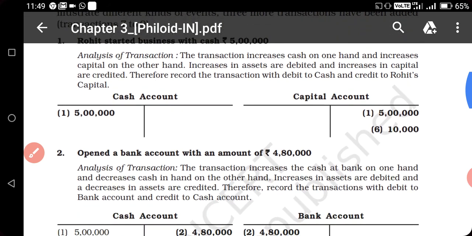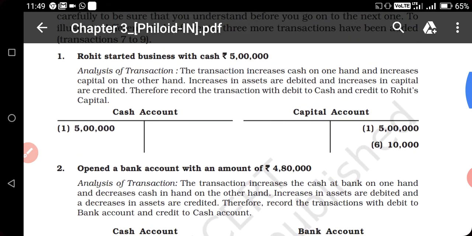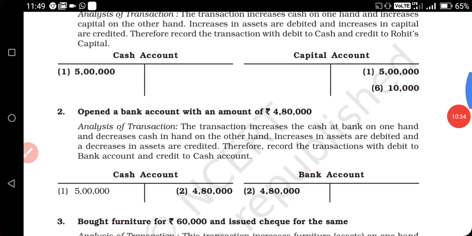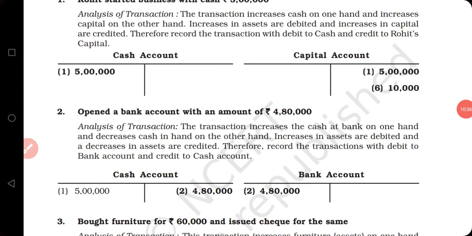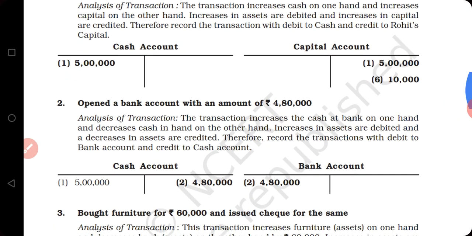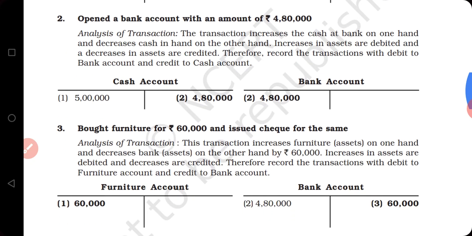Next is, open a bank account with an amount of rupees 4 lakh 80,000. If you are opening an account in the bank, your cash balance will be reduced. Is it clear?